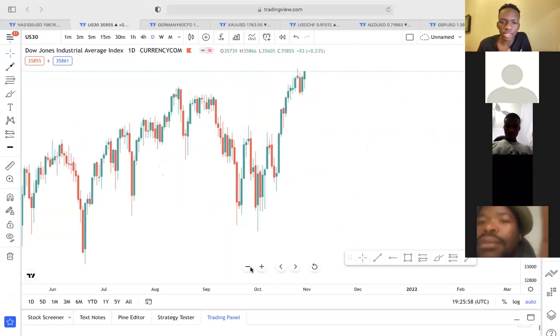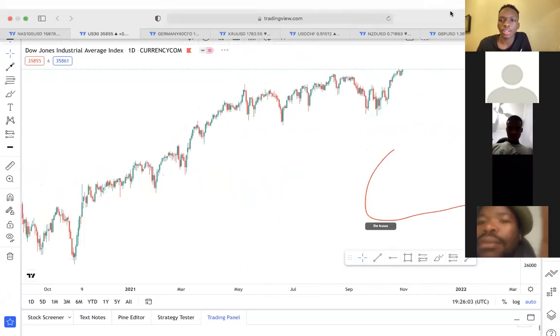US 30, as I always say, guys, you zoom out 3 to 4 times. 1, 2, 3.